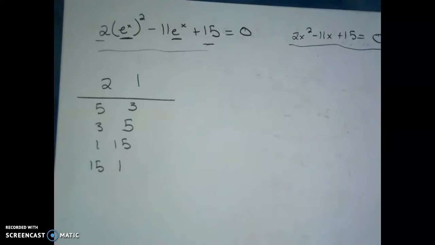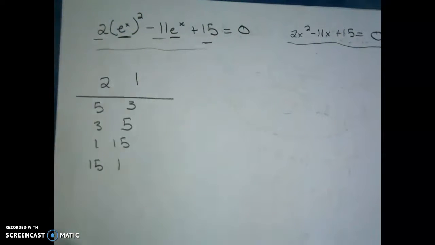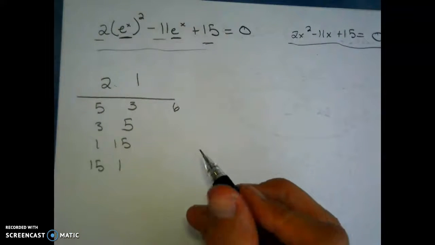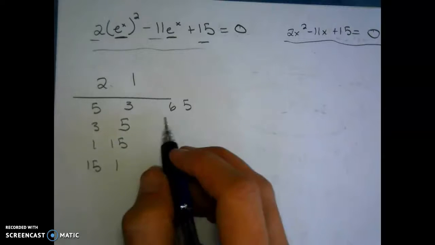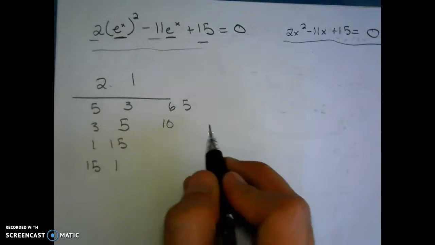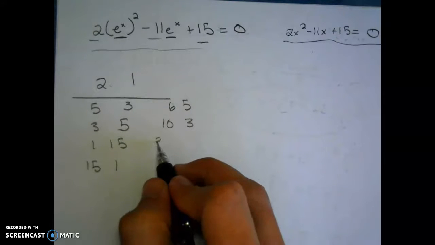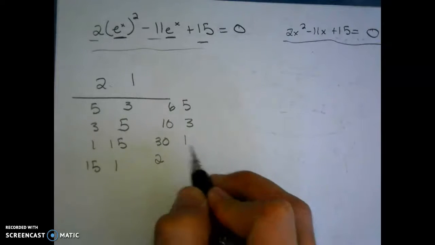Then I'm going to cross multiply to find my combination to add to a negative 11. So I have 2 times 3 is 6, 5 times 1 is 5. 2 times 5 is 10, 3 times 1 is 3. 2 times 15 is 30, 1 times 1 is 1, 2 times 1 is 2, and then 15 here.